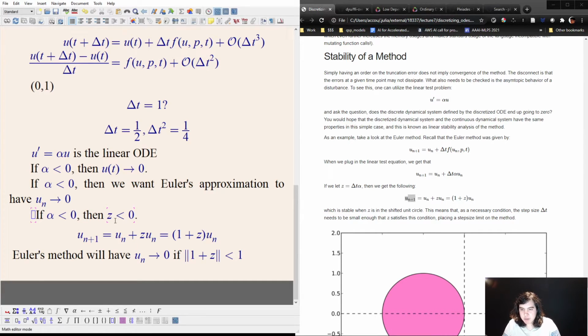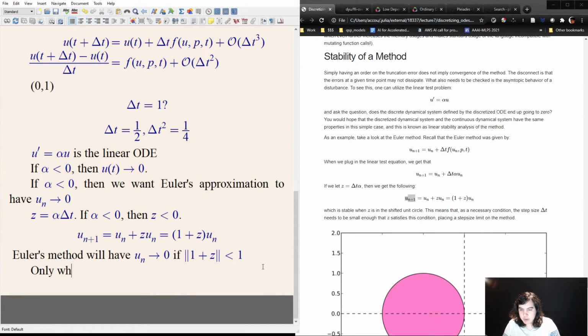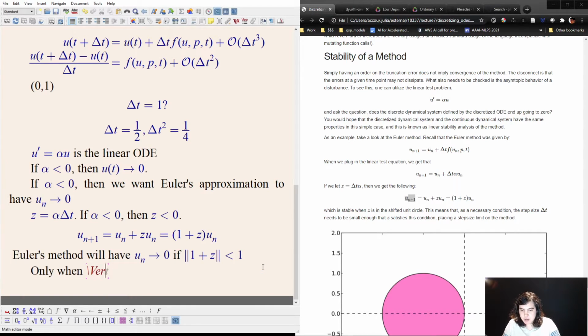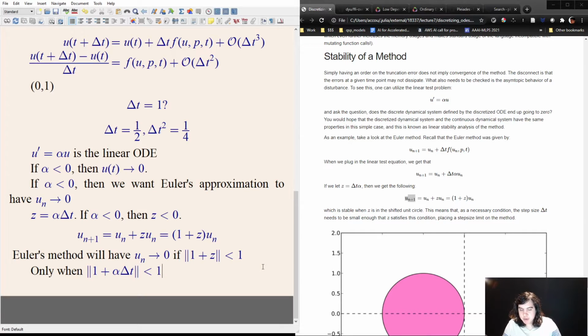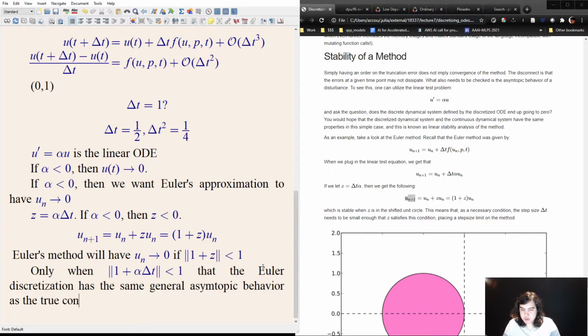So let me write down the definition. Remember that z equals alpha delta t. What this means is that only when the norm of 1 plus delta t times alpha is less than 1 does the Euler discretization have the same general asymptotic behavior as the true continuous system.